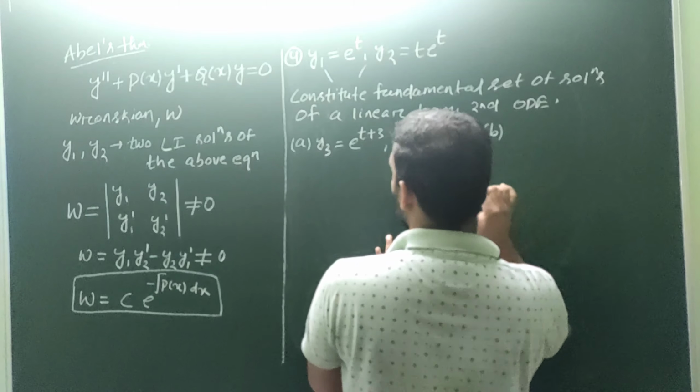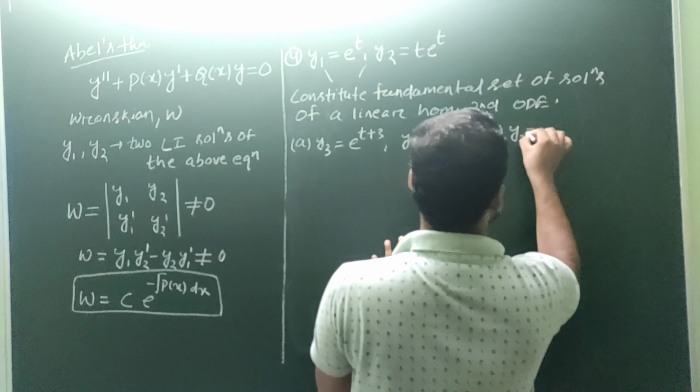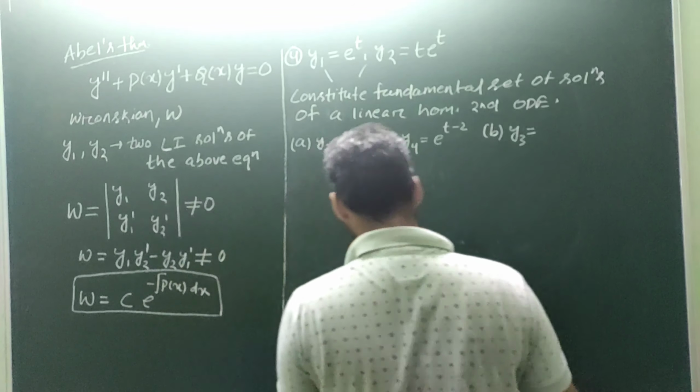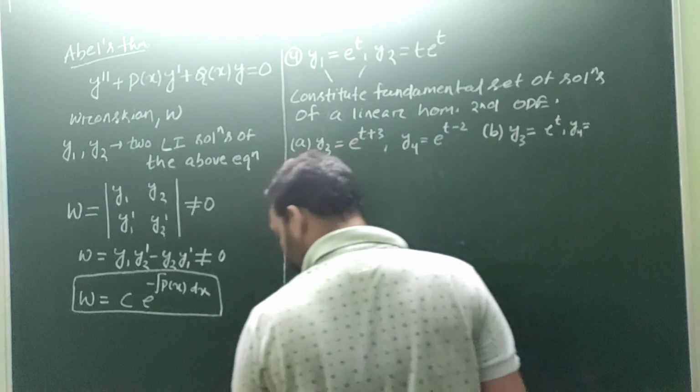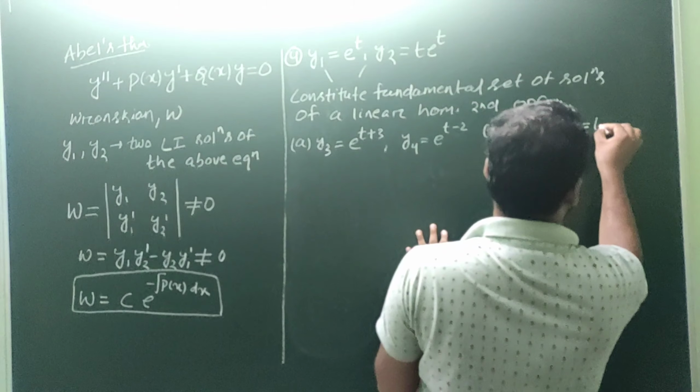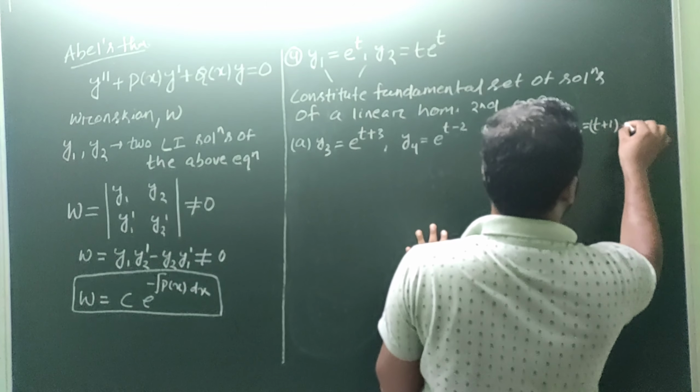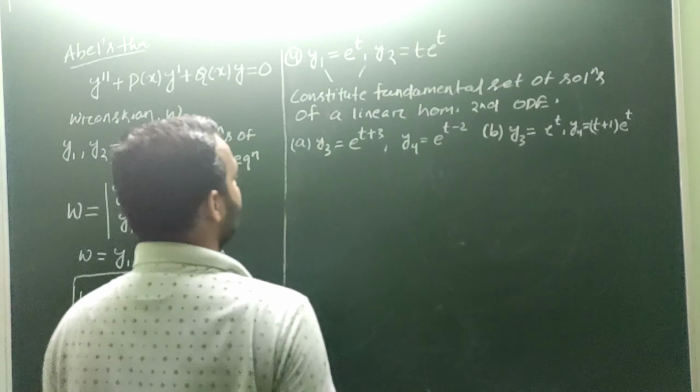Option B is y3 equals e to the power t and y4 equals t plus 1 times e to the power t.